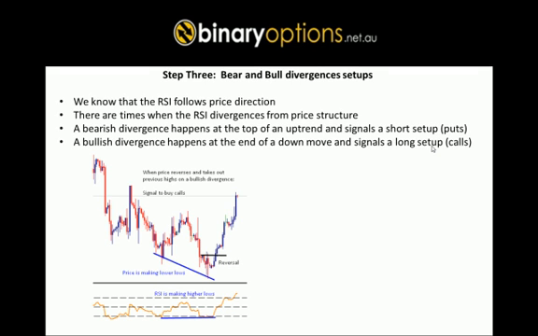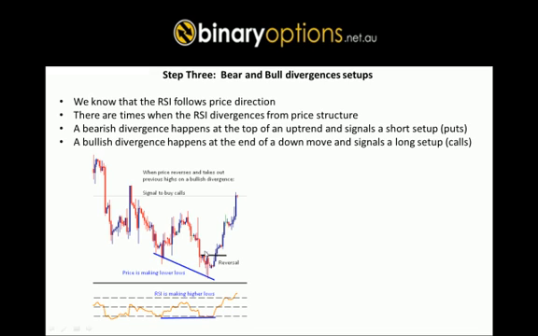This is an example of a bullish divergence. You can clearly see that price is making lower lows, but the RSI is making higher lows. This is what we call a divergence from the RSI. This is a clear bullish divergence.